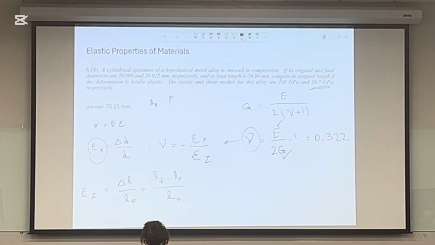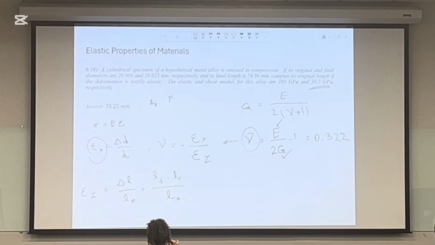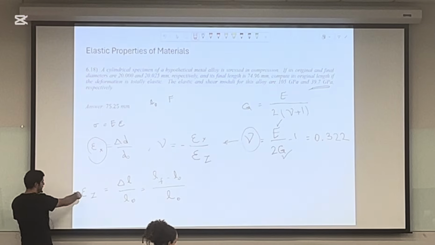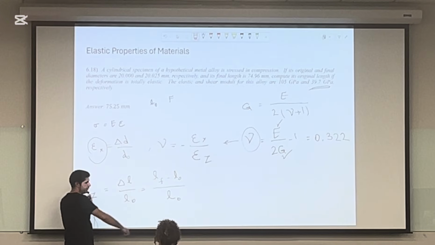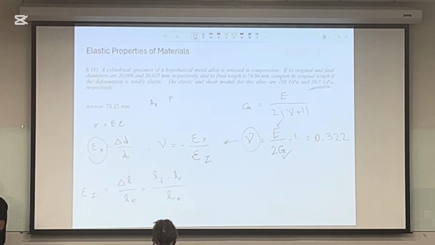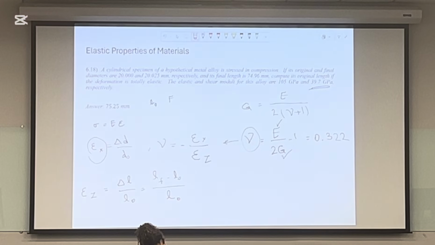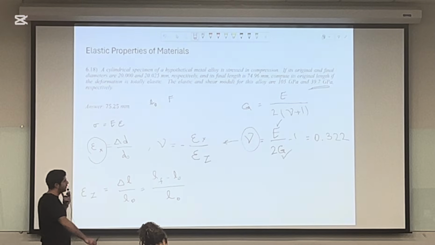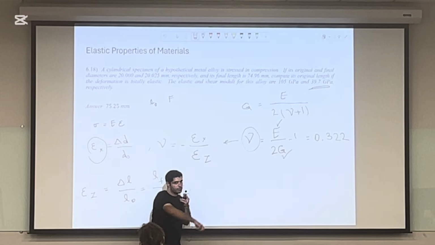And for the rest, you just use this Poisson ratio and the epsilon x, find the epsilon z, and plug in L final in this formula, and your epsilon z, to find L naught. So yeah, the tricky part was using that formula to find the Poisson ratio.